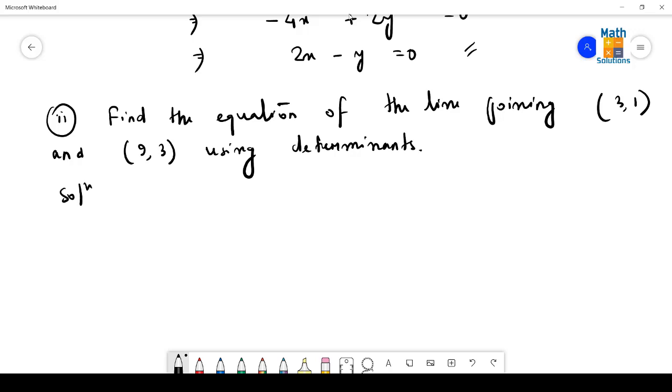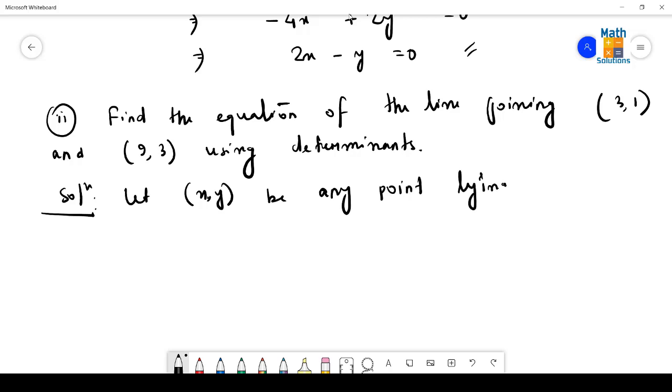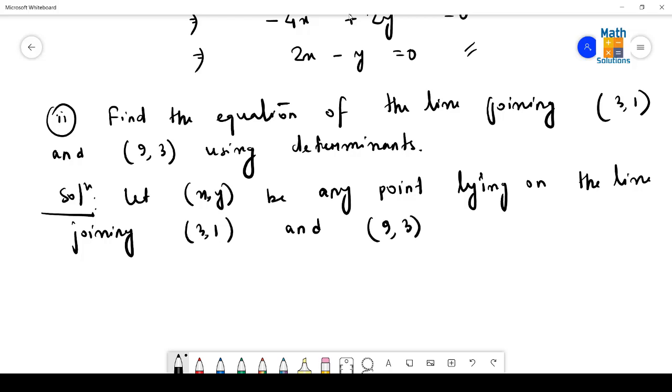So in this solution part, like the previous sum only, we have to proceed here. Let x, y be any point lying on the line joining 3, 1 and 9, 3.